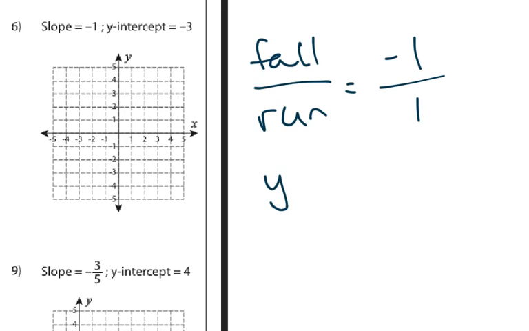And the y-intercept is -3. -3, I'm going to put a dot, and then I'm going to run 1 and fall 1. So I have a dot right here. It's very close together. Then I connect my dots.